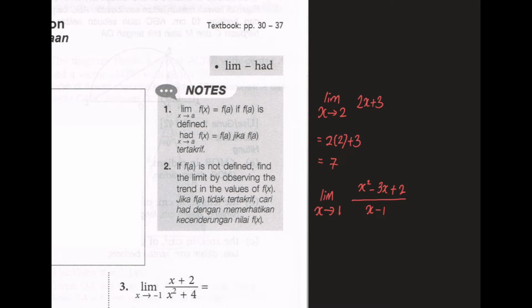So you cannot substitute straight away. You have to do something like this: limit as x approaches 1, factorize the quadratic, (x − 2)(x − 1), and cancel the x − 1 with the numerator.